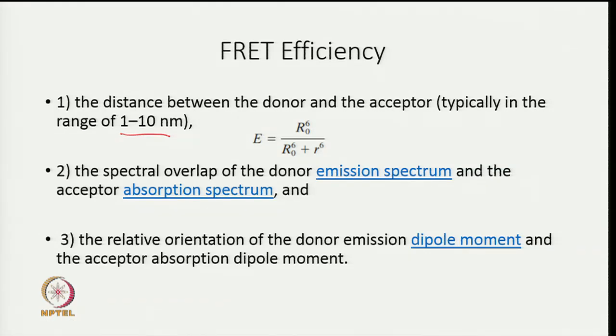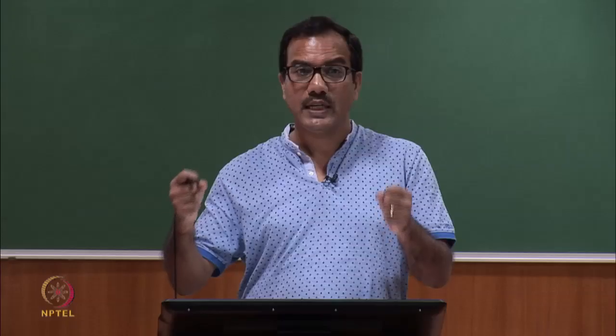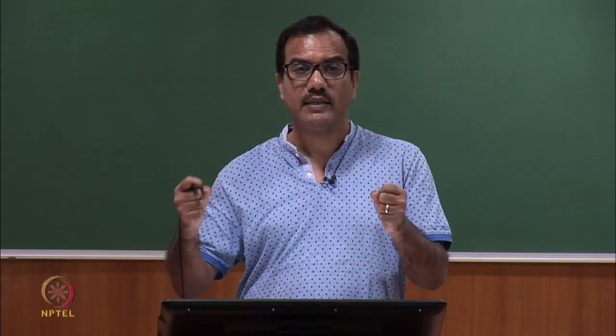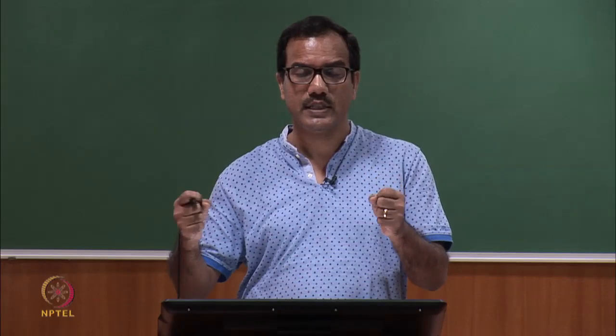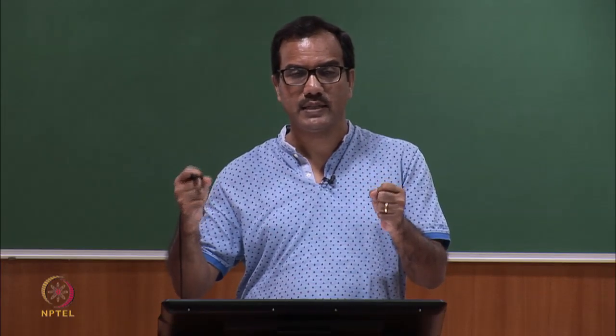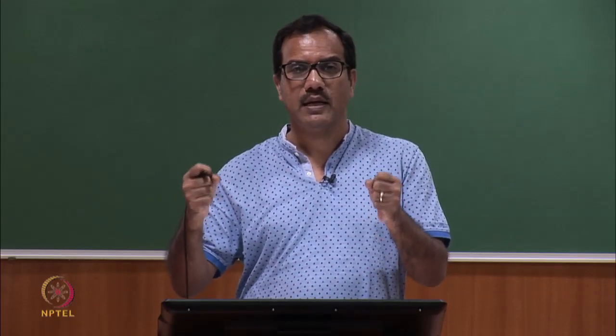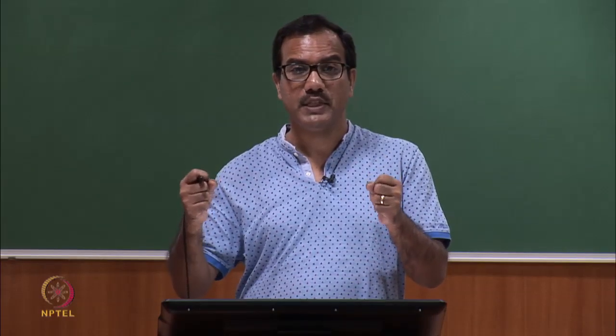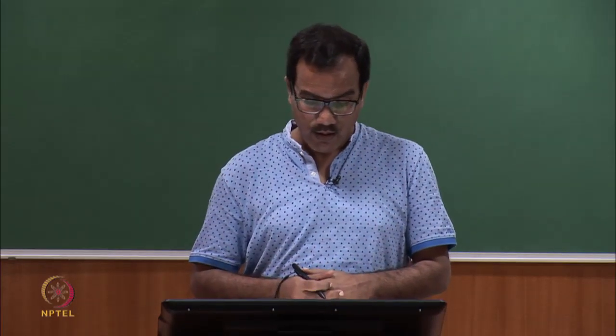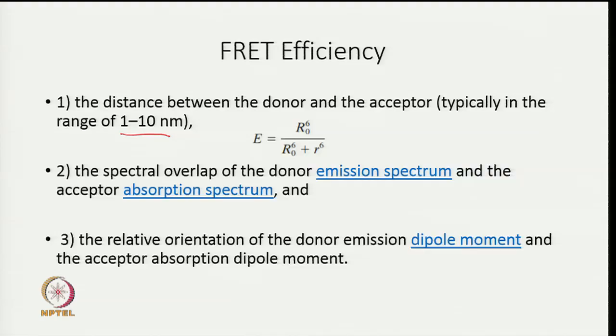So if there is a donor and an acceptor nearby, then I can even know the distance between donor and acceptor, and this has a huge implication. The second thing on which FRET efficiency depends is the spectral overlap of the donor emission spectrum and the acceptor absorption spectrum.